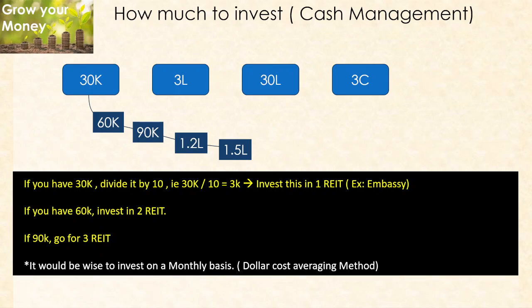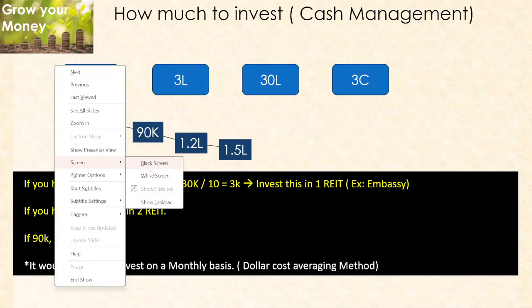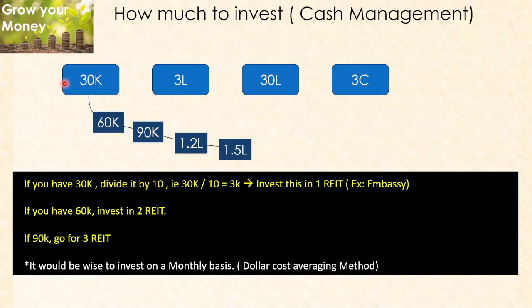So let's say you have 30 lakhs as of today, sorry, 30,000, let's take. Okay, 30 lakhs is a huge amount. Then you should divide that by 10. That means you will make equal parts of 10, and each time when you buy, you have to invest 3000.